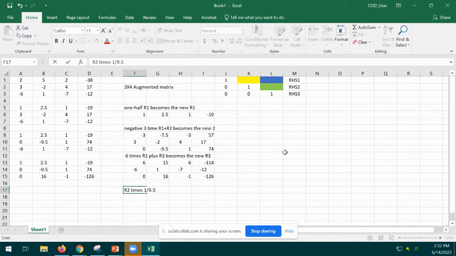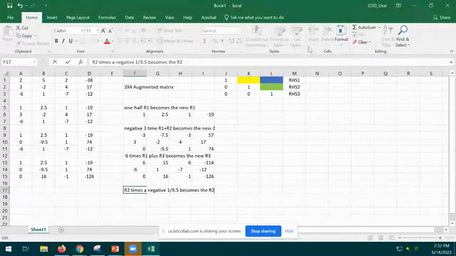And actually, it's 1 times a negative 1.5 becomes the new row 2, because I'm looking to get a 1 there. Now, I don't care what goes here, but I want to get a 1 there.